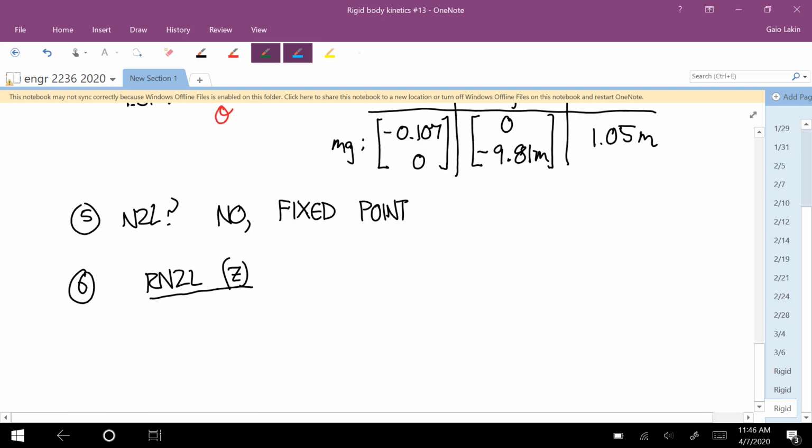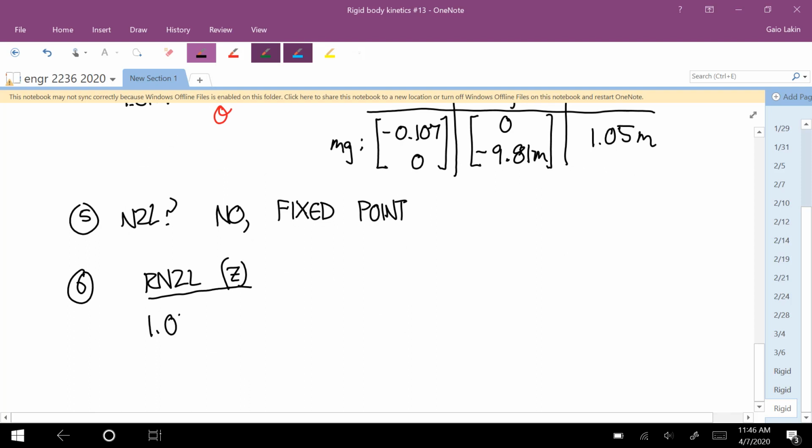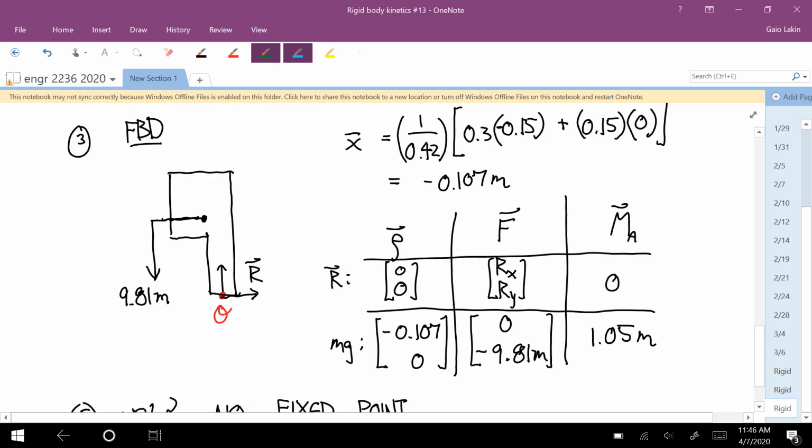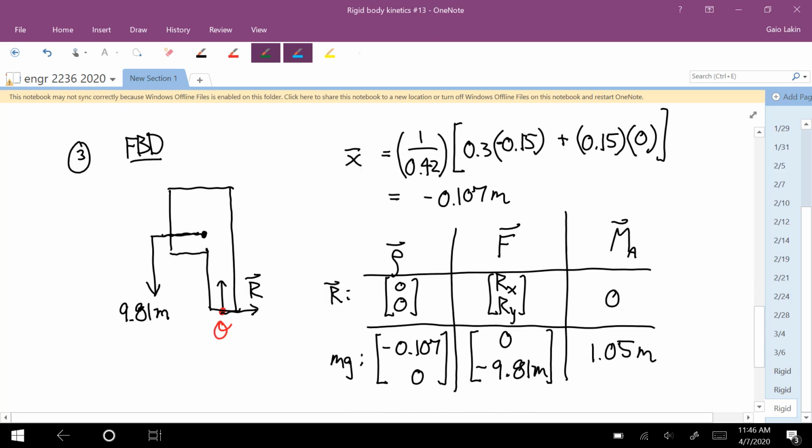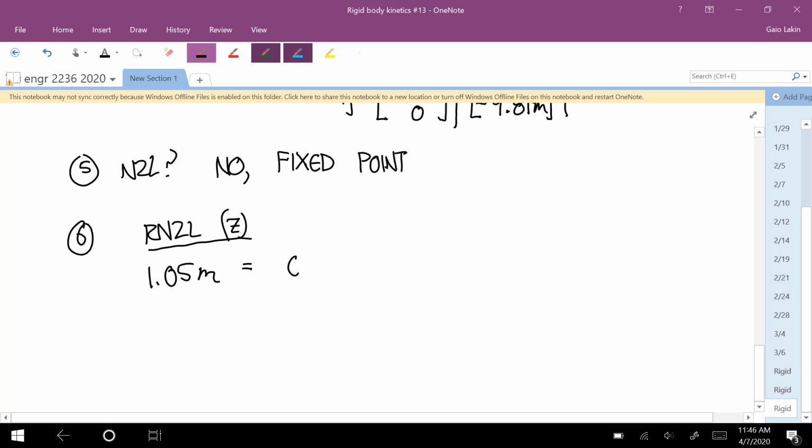And so what we get for the moments is 1.05 m, and that's equal to the moment of inertia times the angular acceleration. Well, our moment of inertia is 0.666 m. And then multiply that by the angular acceleration. And what you see here is finally, it turns out that the mass doesn't matter at all. These m's cancel out. So whatever that m is, we get the same answer for the angular acceleration.